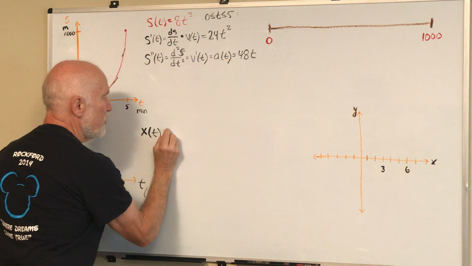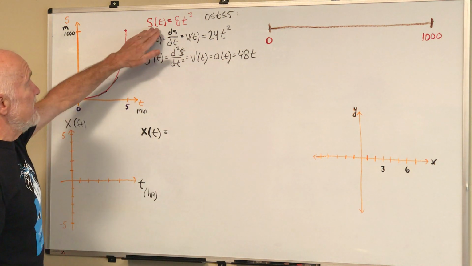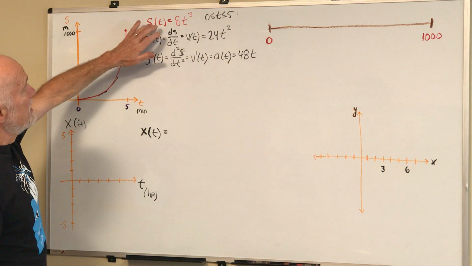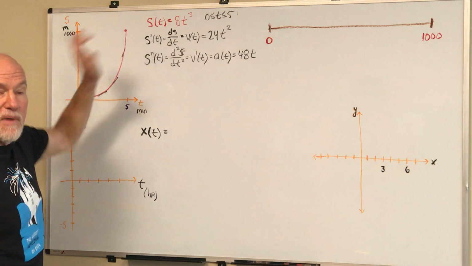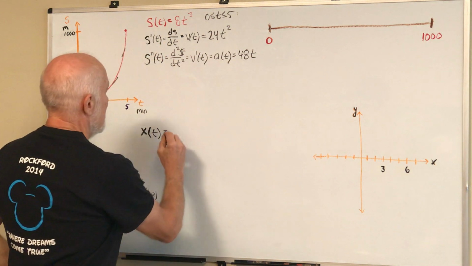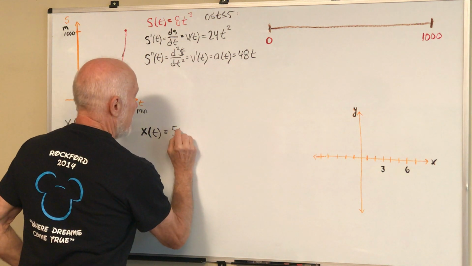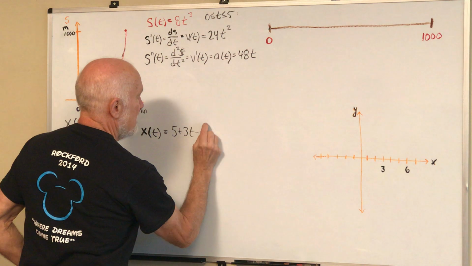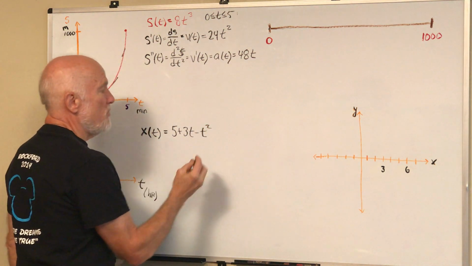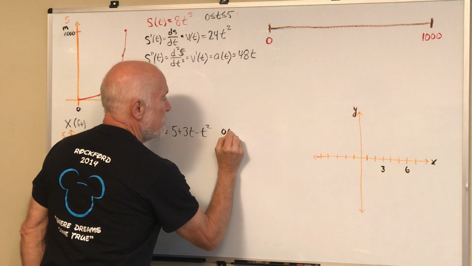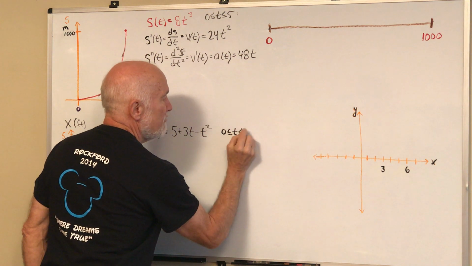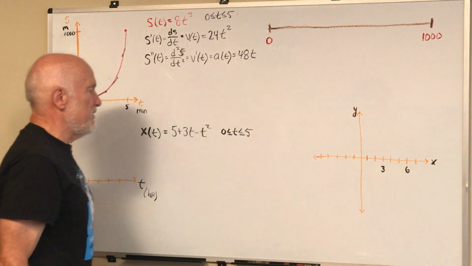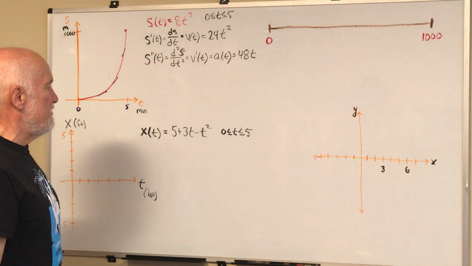And as it turned out, the turtle has a different position equation than my wife and I on our walk. It turned out to be 5 plus 3t minus t squared. And the domain was still from 0 to 5 because I watched the turtle for 5 hours.